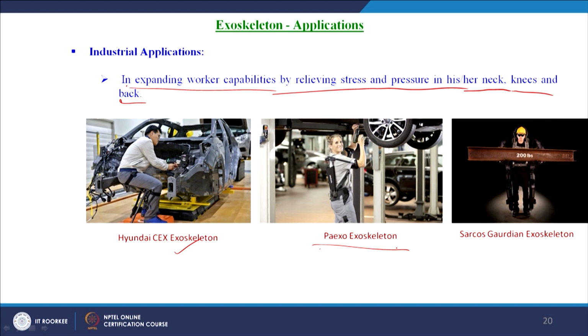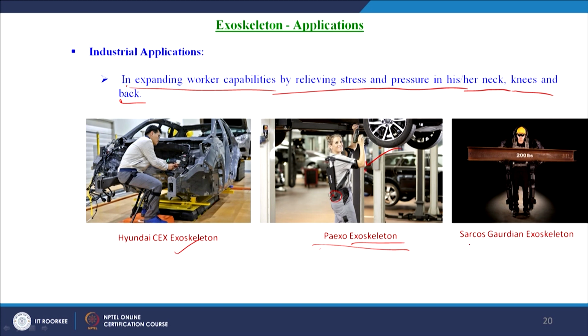That means it is meant to relieve the stress of workers who have raised arm work, as can be shown in the schematic, so that the weight of the raised arms is transferred to the hip joint by a mechanical cabling system technology used in this exoskeleton, resulting in much relief for workers who have raised arm work.